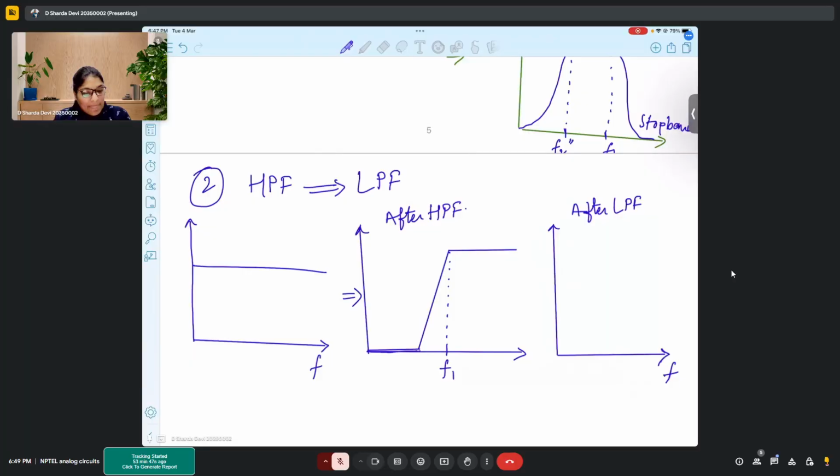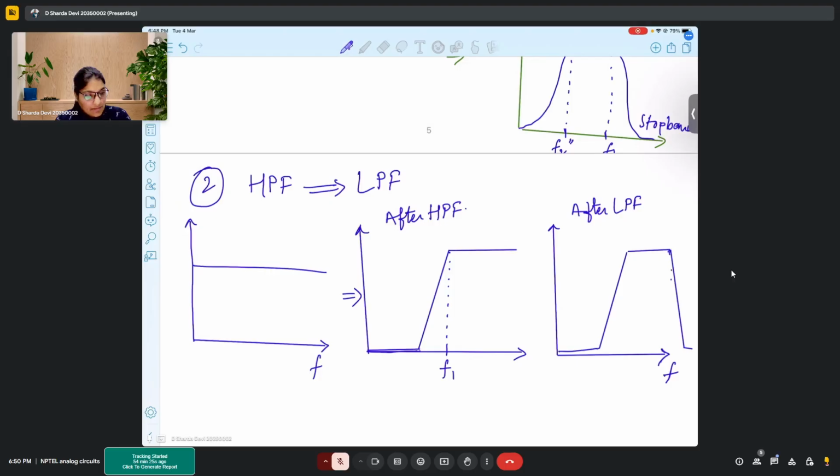So for the high pass filter, the frequency F1 will act as the lower cutoff frequency. So the low pass filter should have a cutoff frequency higher than F1, that is F2, such that I can recreate this band pass behavior.